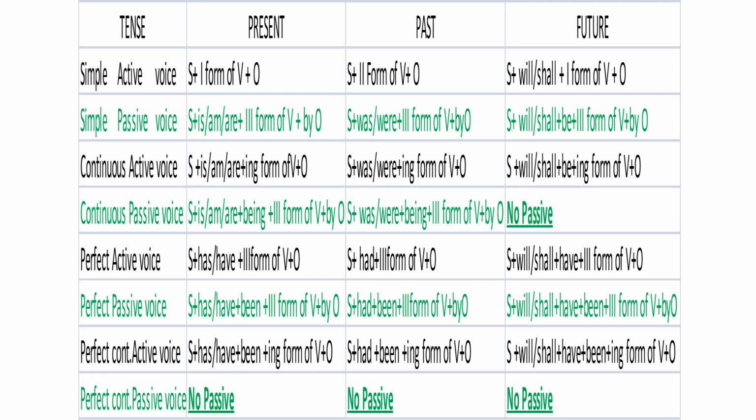In future continuous we will not have any passive voice, and in future perfect we will have subject plus will/shall plus have plus been plus third form of verb plus by object. Again, future perfect continuous cannot be changed into passive voice.